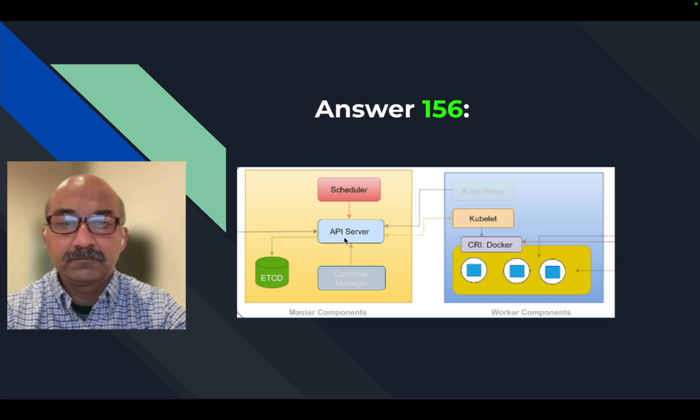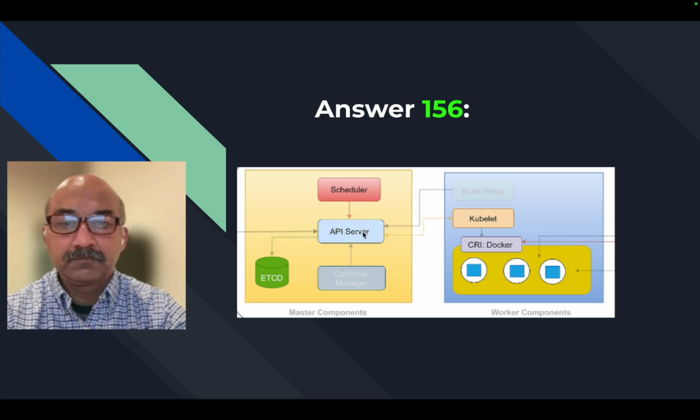Now we have to make it so. That's what it's about. So the API server then tells the scheduler, hey, I need a pod scheduled based on these parameters. The scheduler looks at the parameters, the taints, and all the configuration of the worker nodes, and figures out which node it's going to put this pod on. It then tells the API server, hey, this pod is going to live on node number 5, let's say.